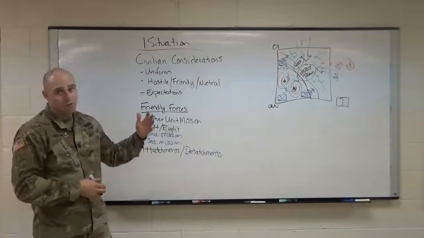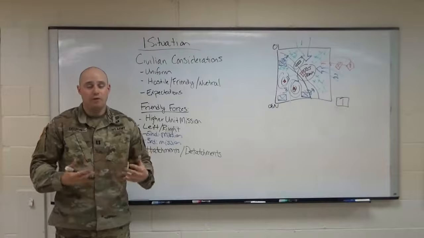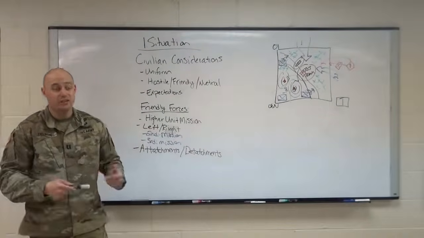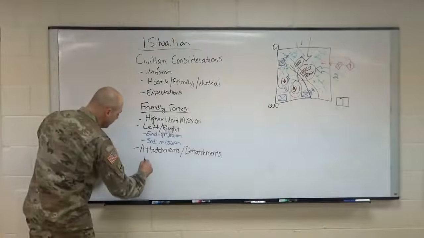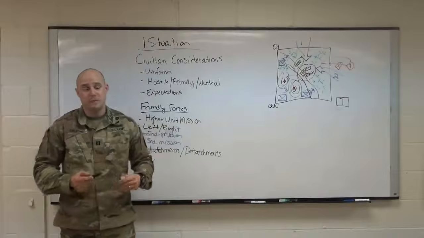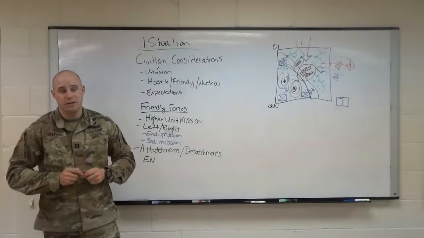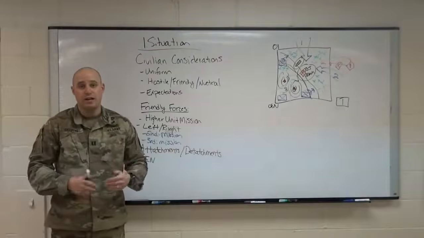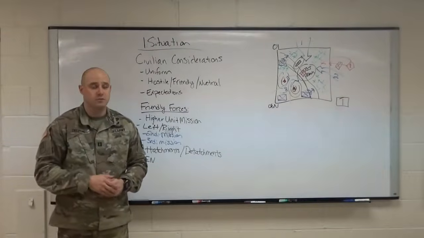Organic to our platoon are those four squads. However, the most common attachment that we might get, something that's not organic to us, is engineers. So let's say we got plussed up with some engineers because we thought we might need them on the objective, maybe some sappers or some demolitions of some kind. We need to list that under attachments so everyone is tracking that we have this combat multiplier with us.